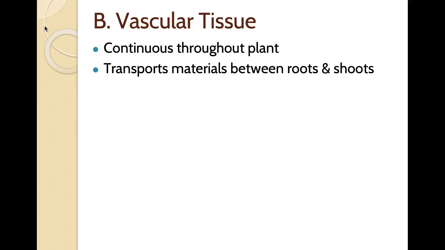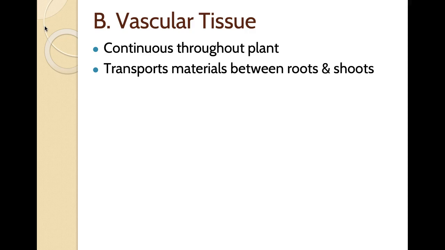So shuffling that sugar that's being made down into the root system. And anything that's being absorbed from the root system, like water and other nutrients, need to be able to get up into the shoot system for photosynthesis. So the vascular tissue helps to facilitate between those two systems.